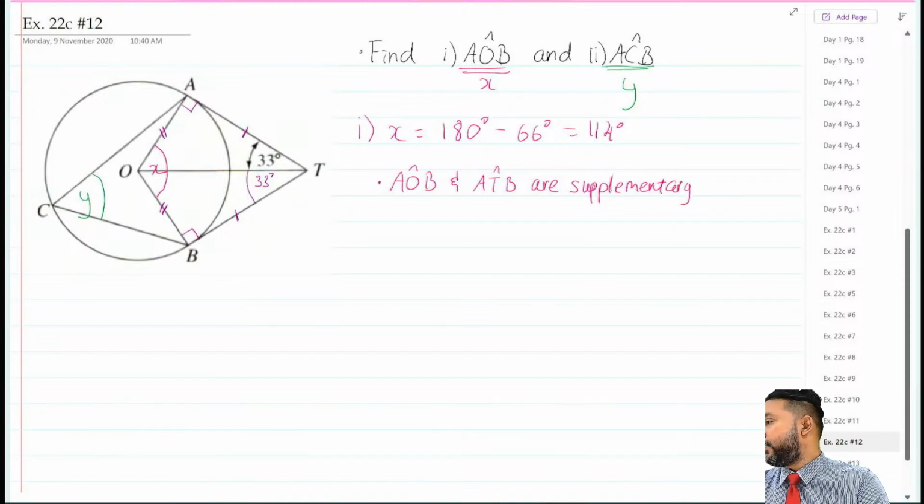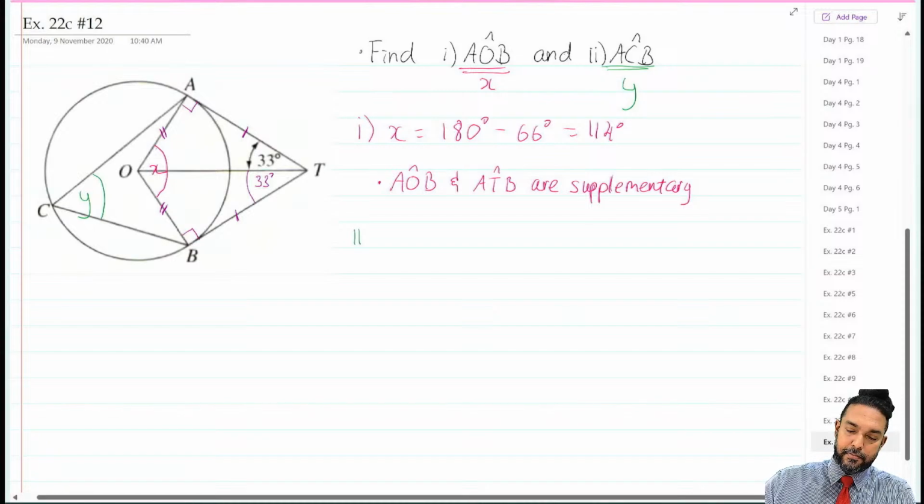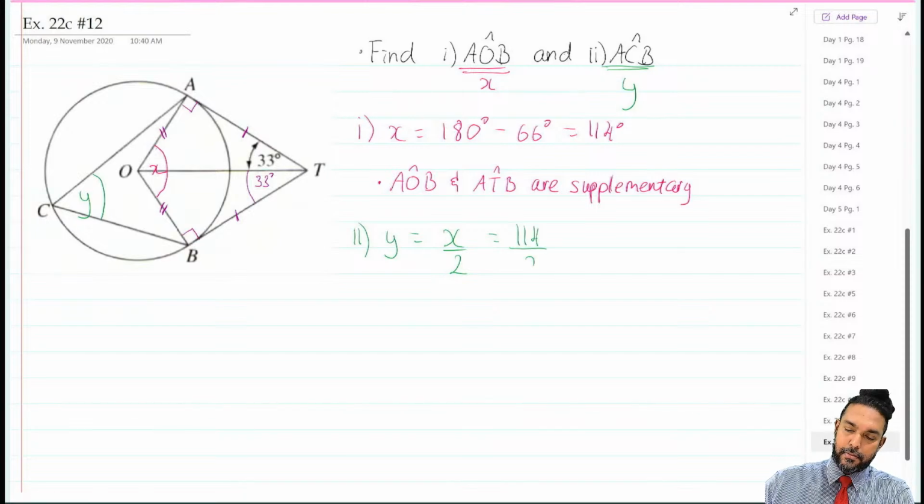Okay, and then to find y, that's just half of 114, right? So 57 degrees. Angle at center is equal to double the angle at circumference.